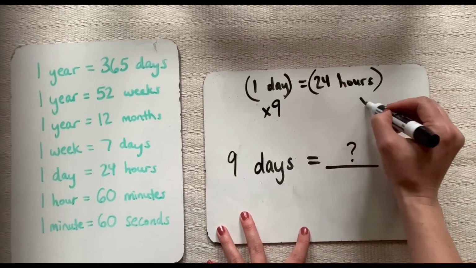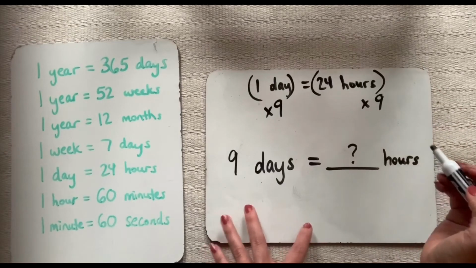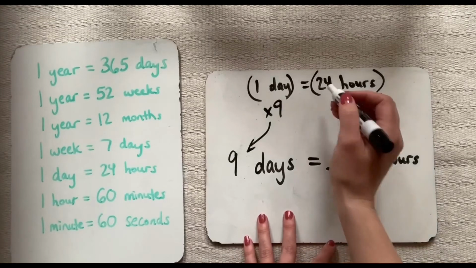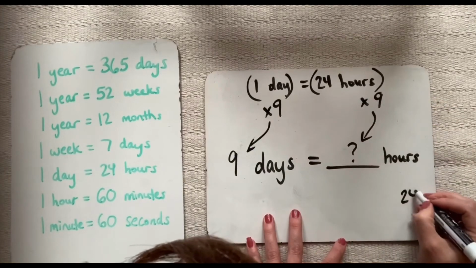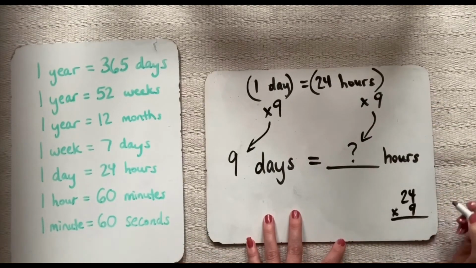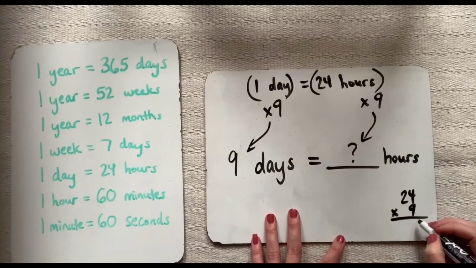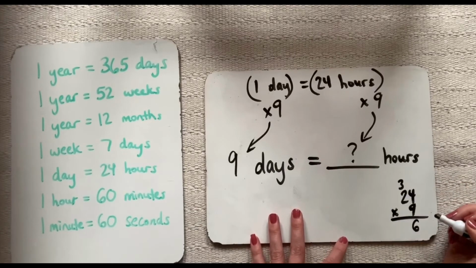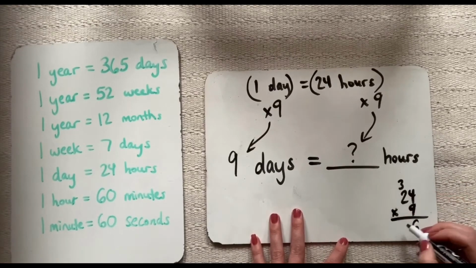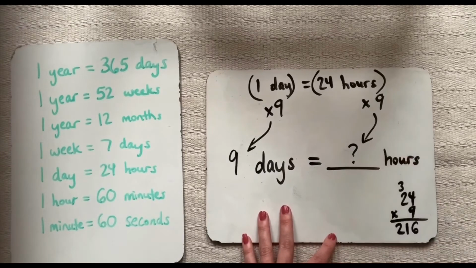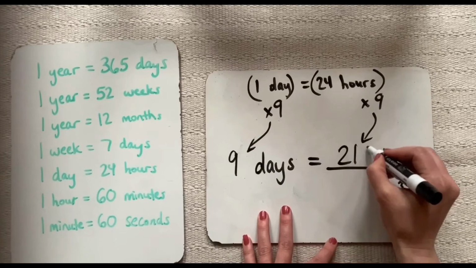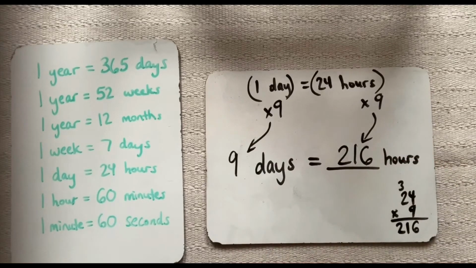Okay, remember, this is going to give us this. 24 taken 9 times. 9 times 4, 36, 6, carry the 3. 9 times 2, 18, 19, 20, 21. 216 hours. Okay, 9 days equals 216 hours.